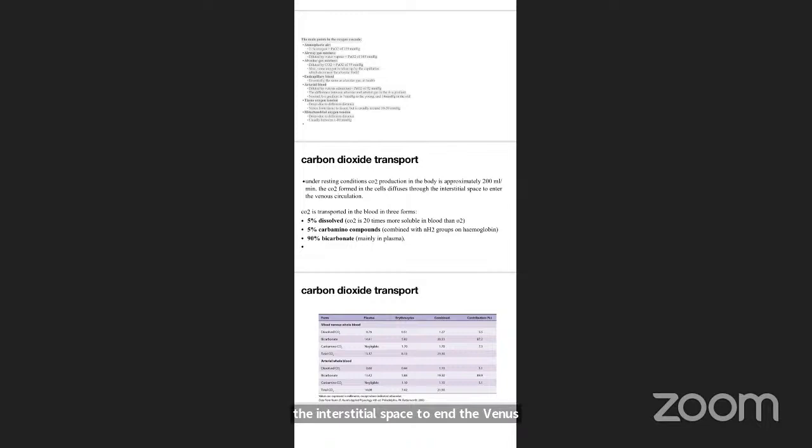Carbon dioxide is transported in the blood in three forms. 5% is dissolved in blood, carbon dioxide being 20 times more soluble than oxygen. 5% is transported as carbamino compounds, that is attached to the NH2 group of the hemoglobin, and 90% as bicarbonate, mainly in the plasma.